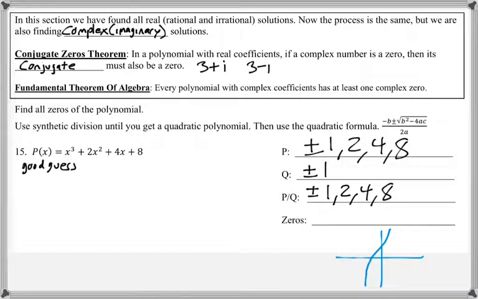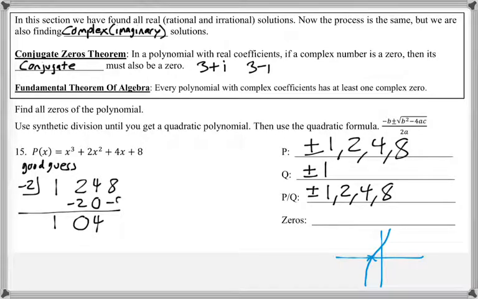Let's keep going. It does cross here at -2, and -2 is on my list of potential candidates. So -2 is going to be my good guess, and I'm going to use synthetic division. So bring down the 1, this will be -2, 0, 0, 4, -8, and 0.